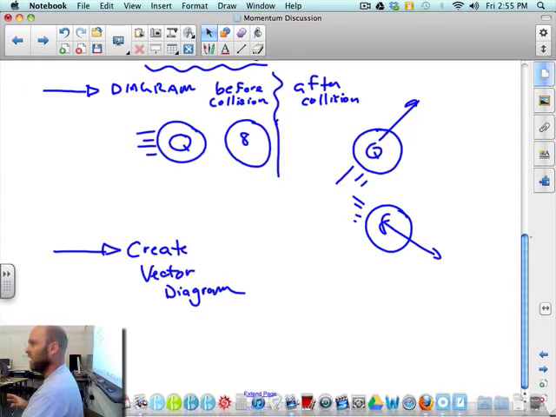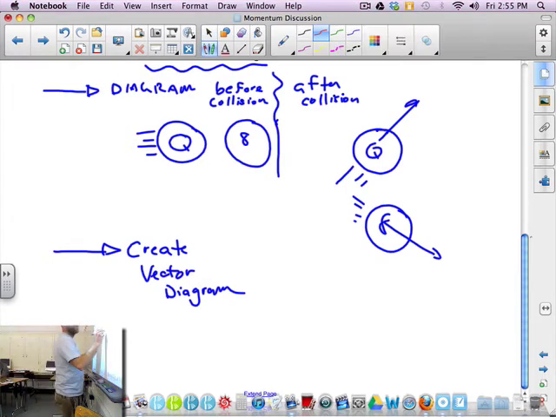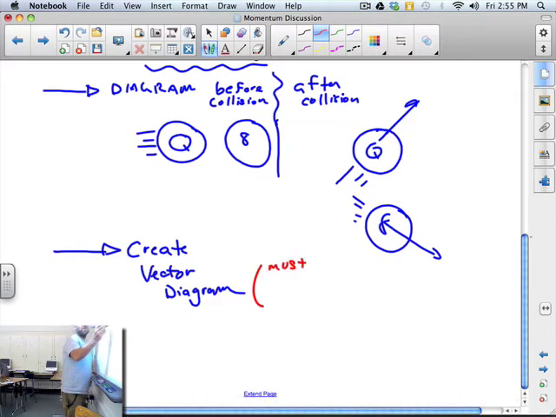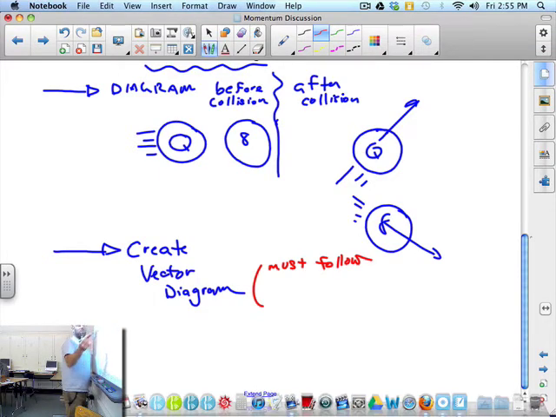Do you understand what I'm saying? What's the fundamental principle behind your vector diagram? What has to be true? What law do you have to follow? That's okay. What do you know about momentum before and after a collision? Always the same. So this vector diagram must follow that.